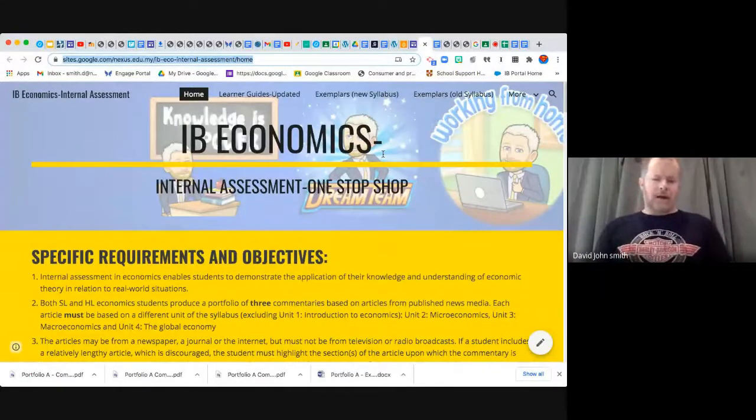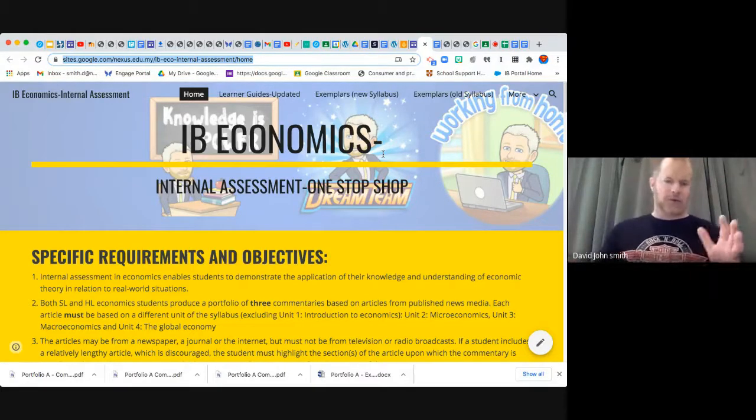Now, my plan for this is for this to then become a one-stop shop, which means anything and everything to do with the IB IA for economics, I'm wanting to put in here. I haven't thrown a whole lot of old materials in there because it's a new syllabus.